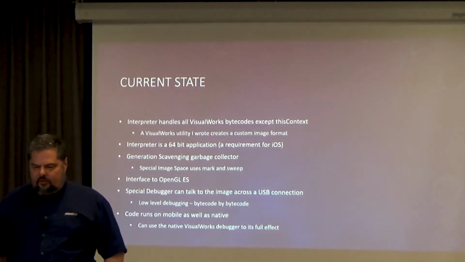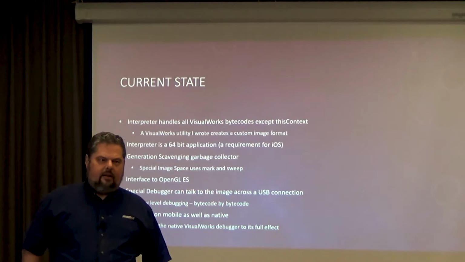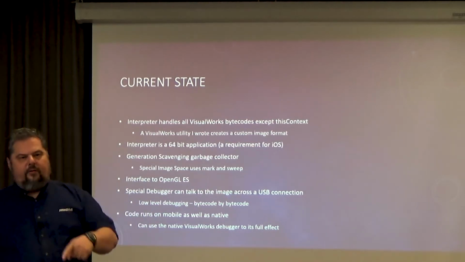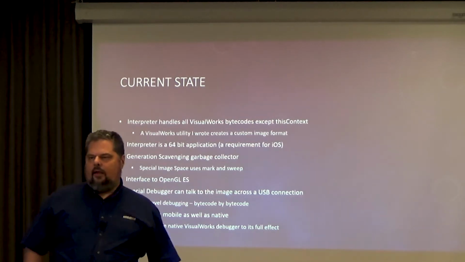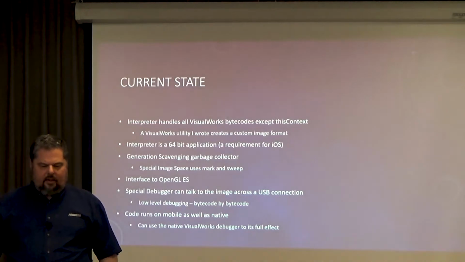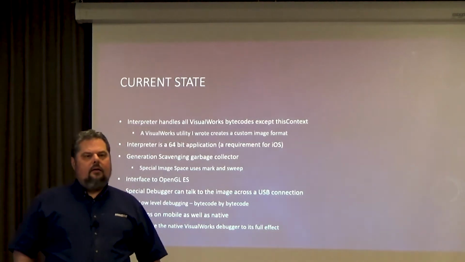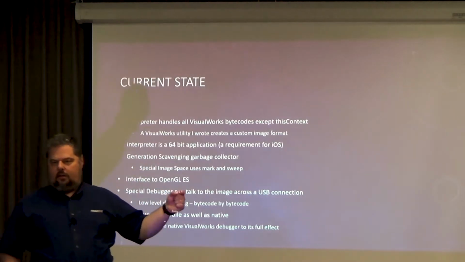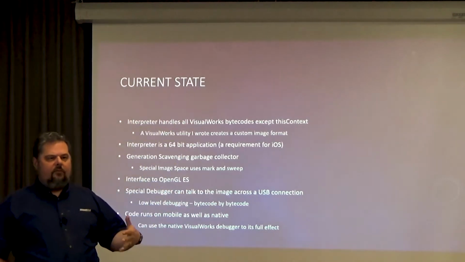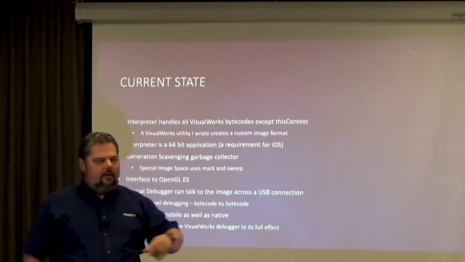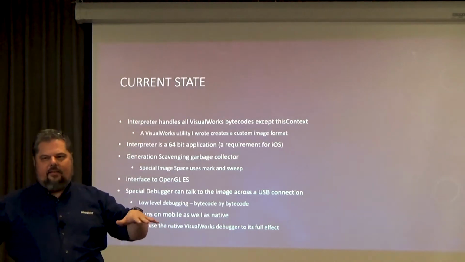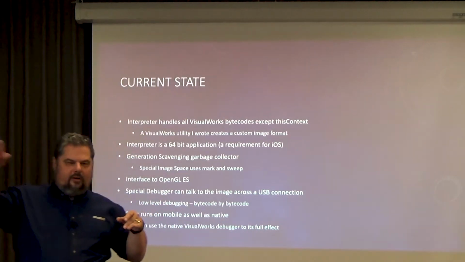I also have a special low-level debugger that I can use through a USB port to my Android or iOS device, and I can debug bytecode by bytecode in the VM. It gives me a whole lot of hex numbers. It shows me the hex numbers in the stack, the hex numbers of the values, the interpreted values.